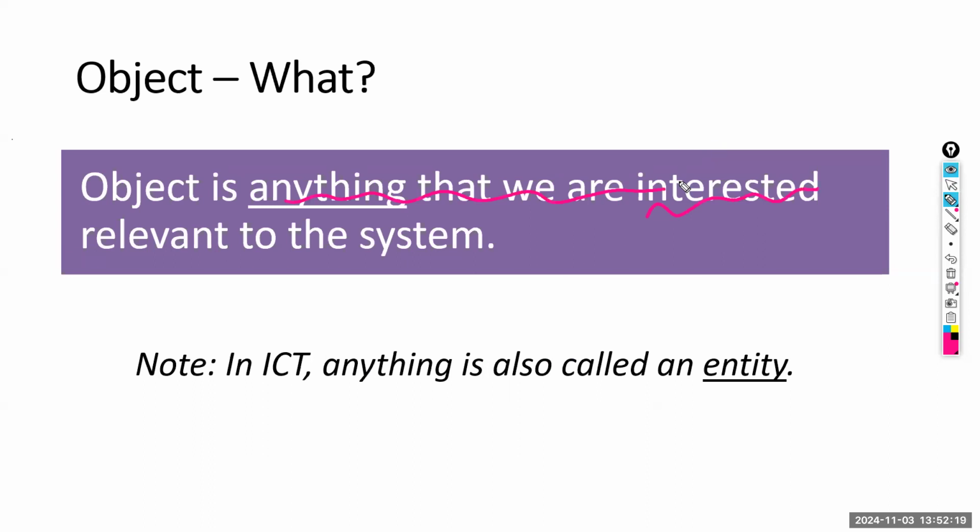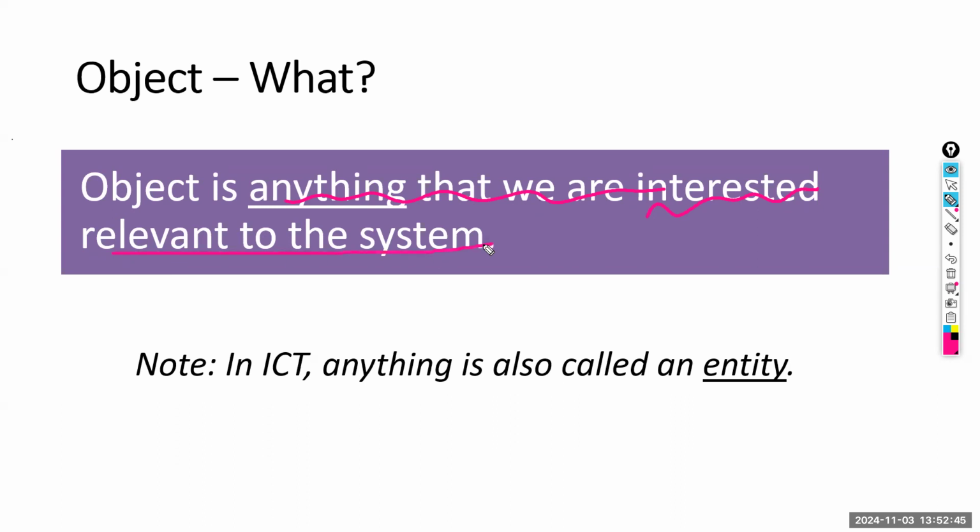Data is a property of an entity. Information is processed data. Entities can be living physical entities, non-living physical entities, conceptual entities. So when we say object, that is pretty much the same thing: anything that we are interested in, relevant to the system.